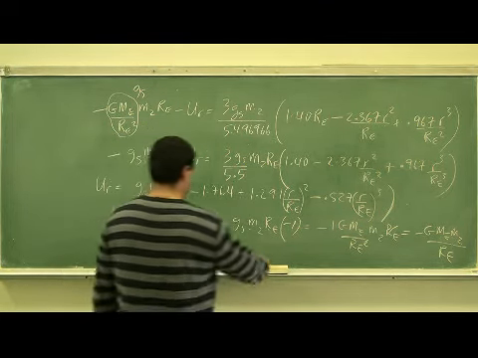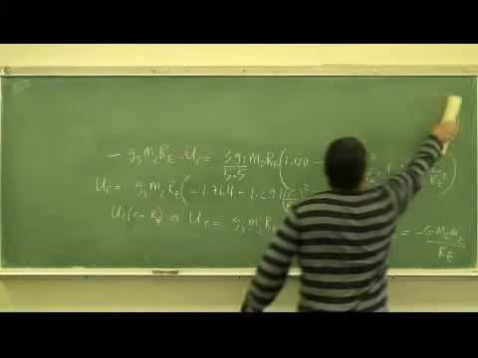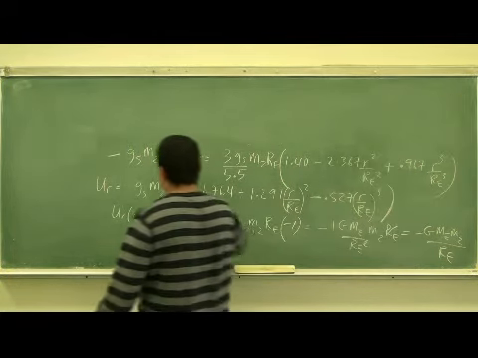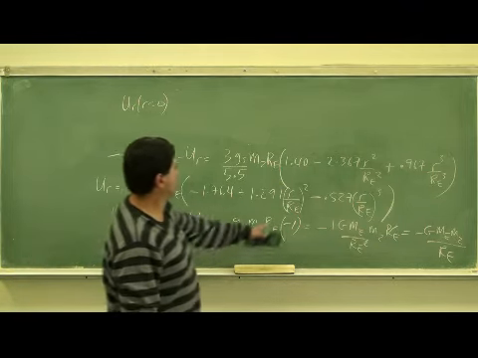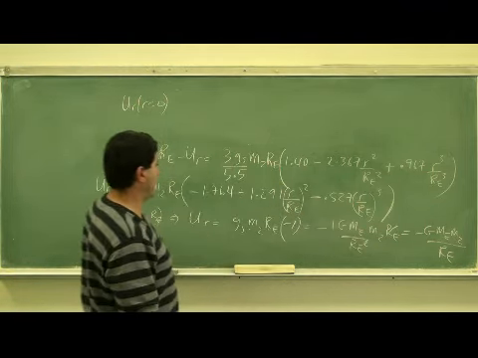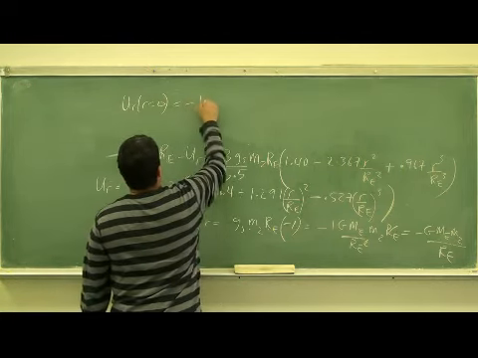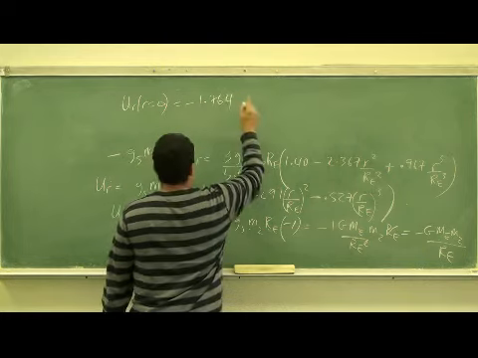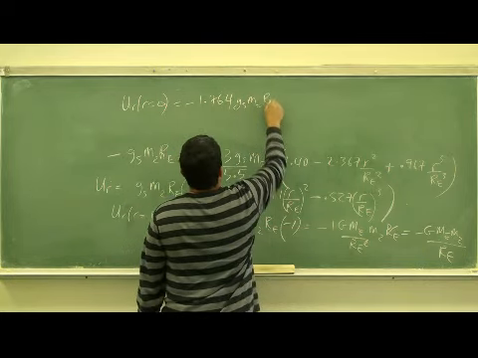How about if we put little r is equal to 0? Well, then simply you just have 0, 0, and you just have this thing. So it's equal to negative 1.764 times GSM2 R of Earth.